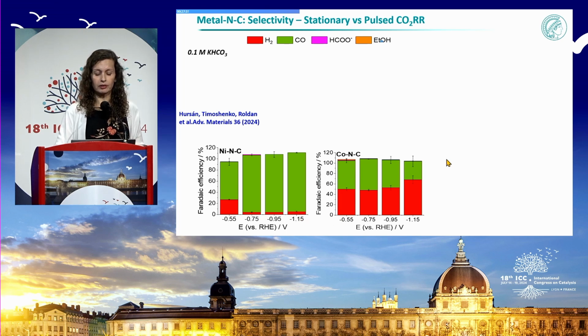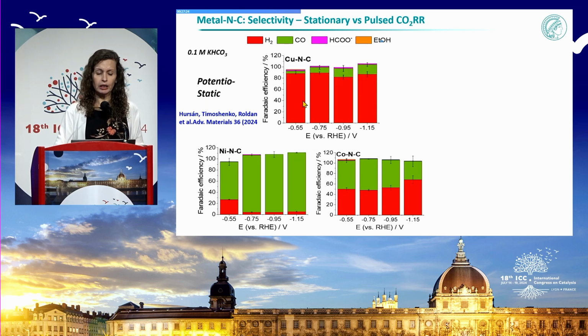And cobalt is also okay, but it makes more hydrogen, which we don't want to make. And if you look at copper, you see much less CO, you get more hydrogen. This is not what you want to get, but you start seeing some other products being made. Here we only change the applied potential, always constant applied potential.